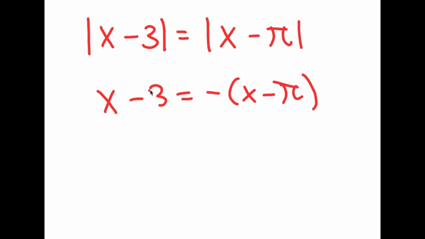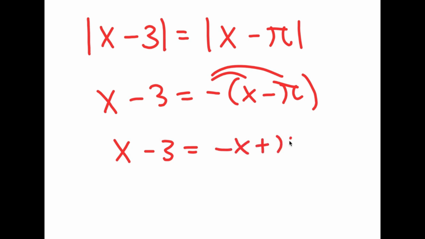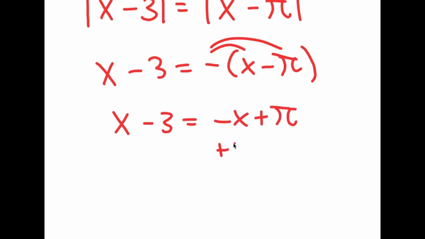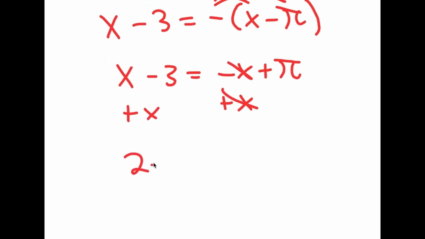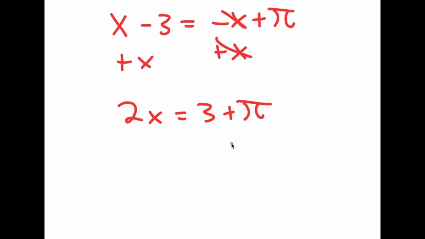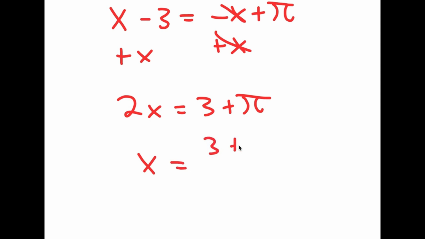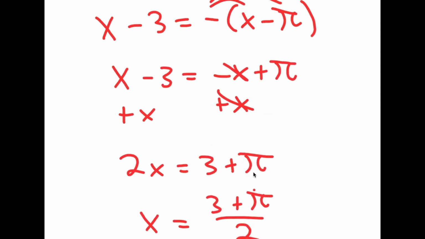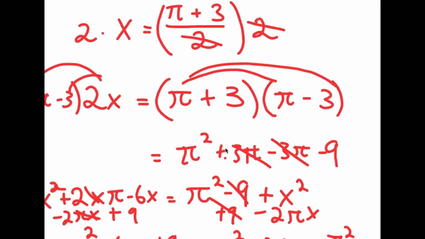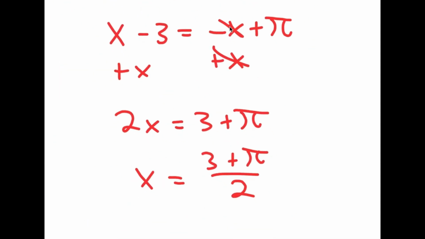So if we want to solve x minus 3 is equal to negative (x minus pi), we're going to have to first distribute the negative sign. So I get x minus 3 is equal to negative x plus pi. So now if I add x on both sides, these two cancel out. So I get 2x is equal to 3 plus pi, and x is equal to (3 plus pi) over 2, which, going back, is what we started with.